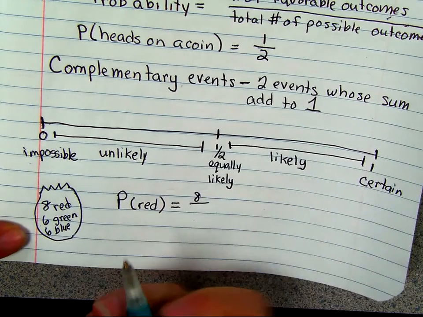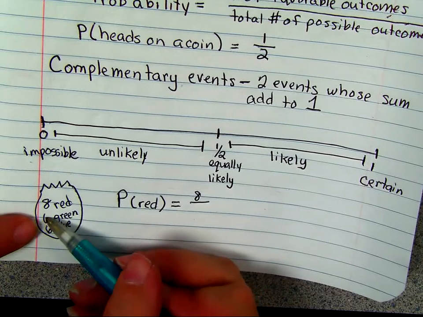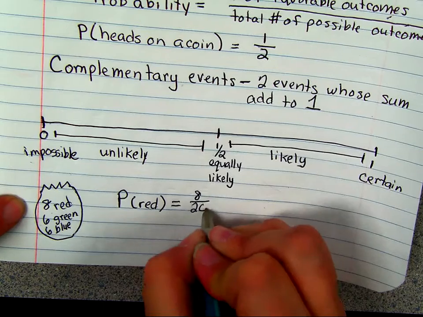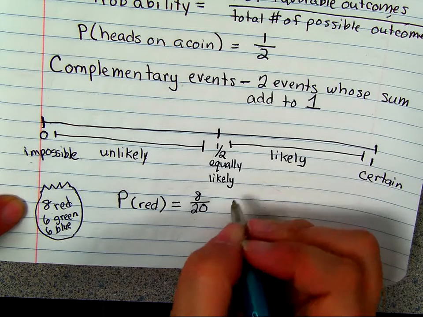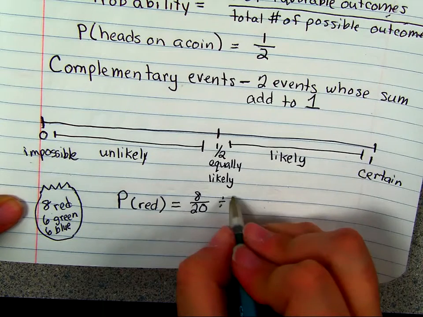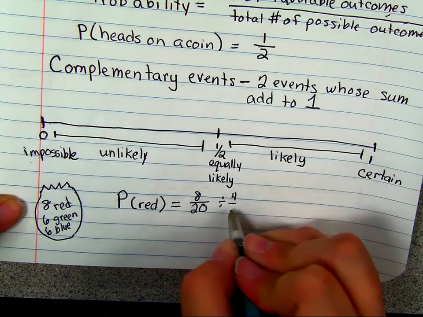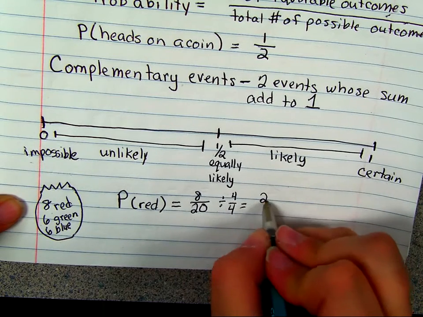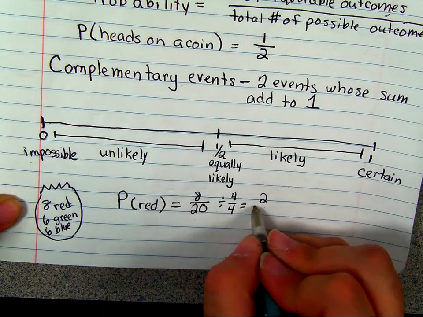So I would have to take 6 plus 6 is 12, plus 8 is 20. I get 8/20. I need to reduce, so I can divide both of those by 4. 8 divided by 4 gives me 2. 20 divided by 4 gives me 5.